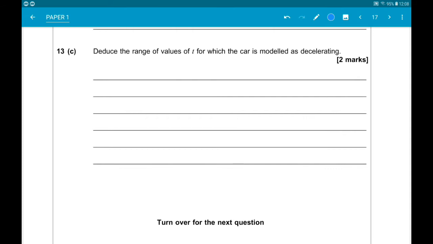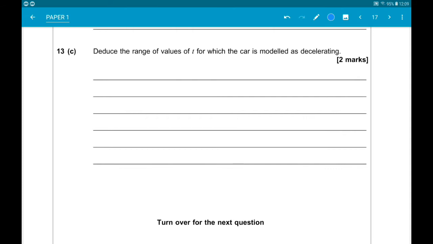Now there was one at the start because we were at rest, and then the next one was when we were at our maximum speed. So after we are at our maximum speed, acceleration is going to be less than 0, so we are decelerating.